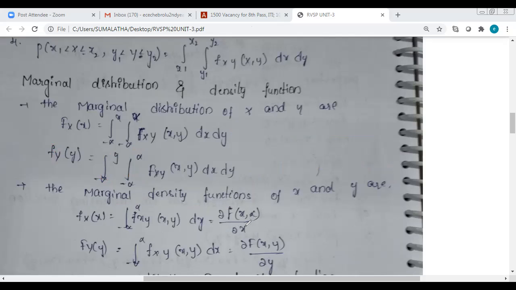Okay ma, next small fy of y in the same way, this formula also. Okay ma, so this is the marginal density function.